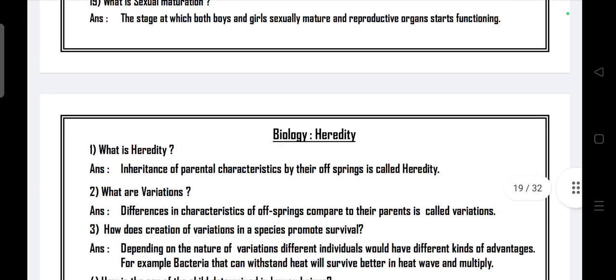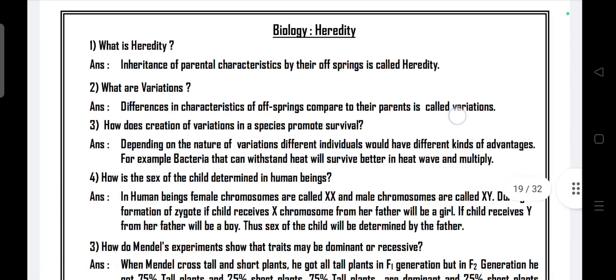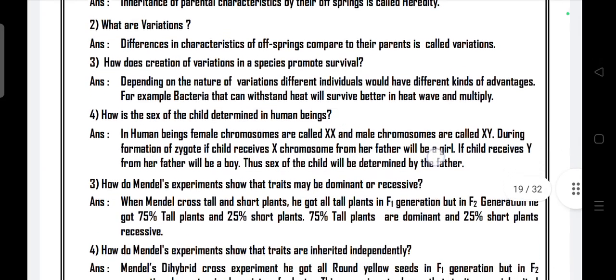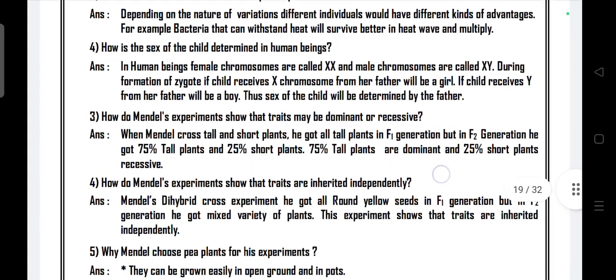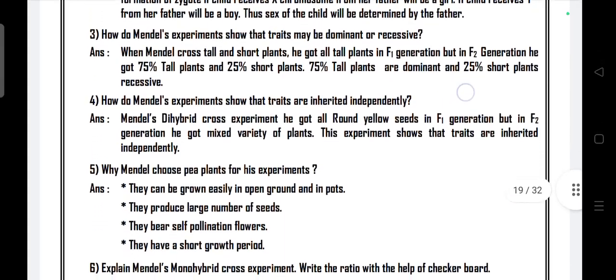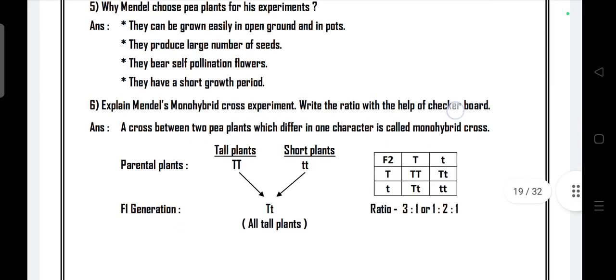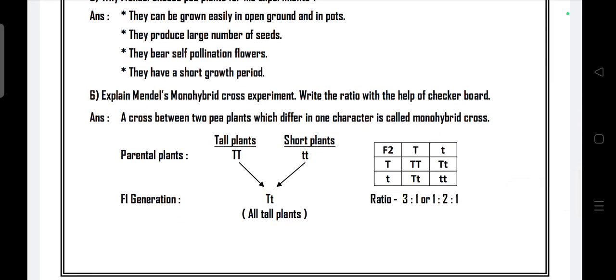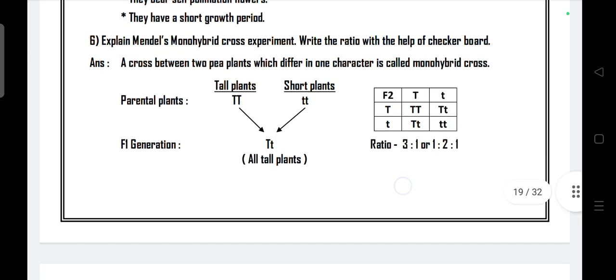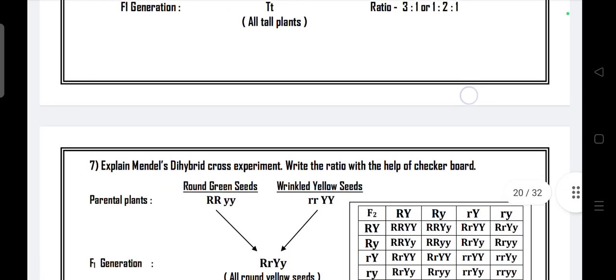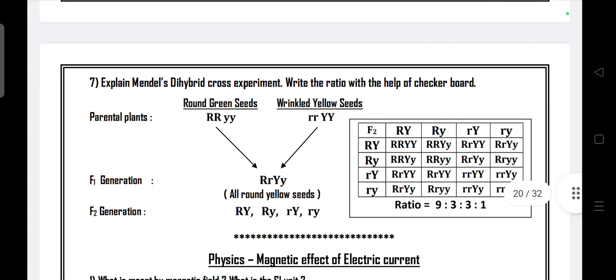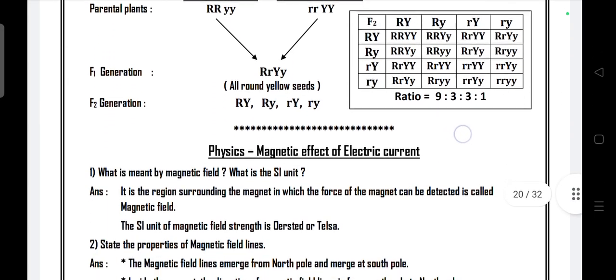Then chapter heredity. Checkerboard, 100% they'll ask for 3 marks. Monohybrid cross, the ratio also you have to write. Anyone they'll ask 100% if it is 2 generations.